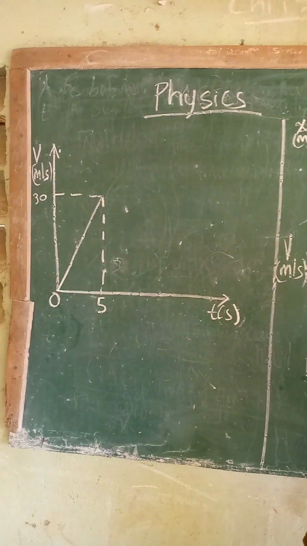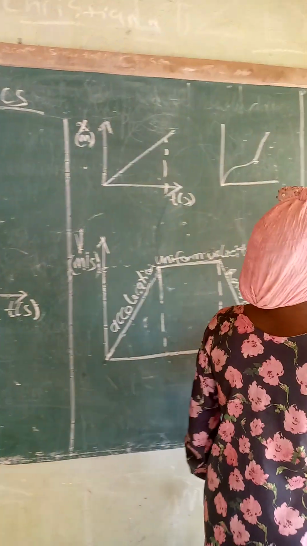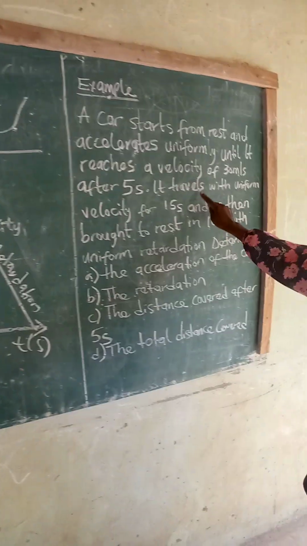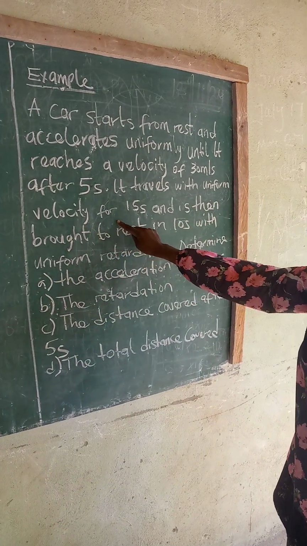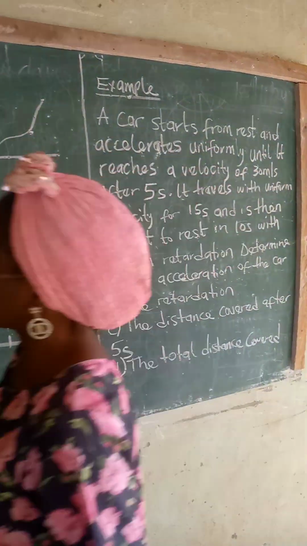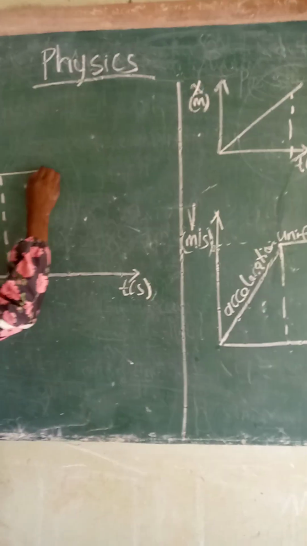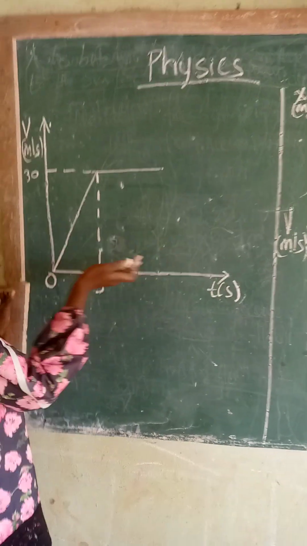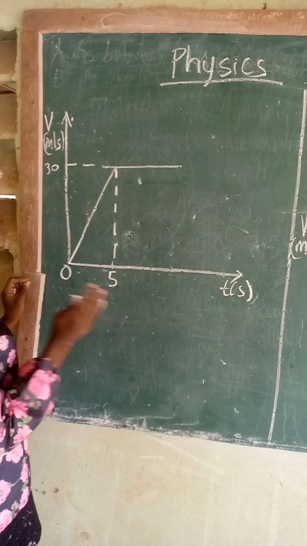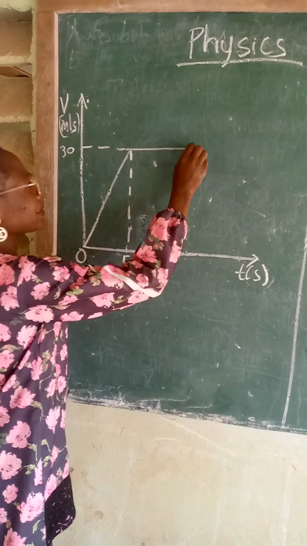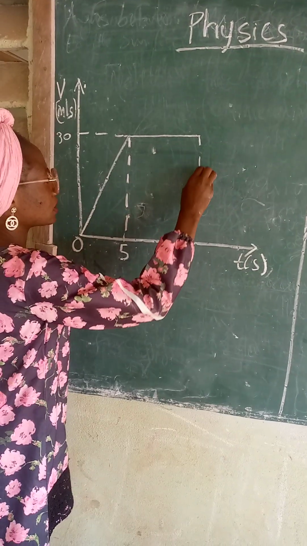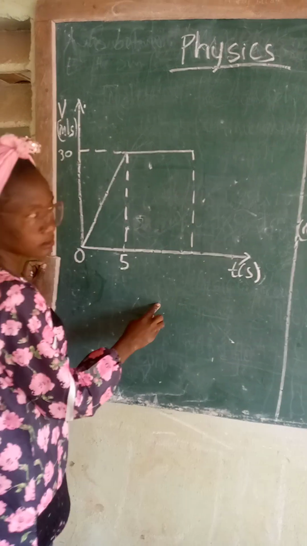It travels with uniform velocity for 15 seconds. I told you before that uniform velocity is usually represented with a straight line, meaning there is no change, no increase, no decrease. It's constant. So it maintains this speed for another 15 seconds.